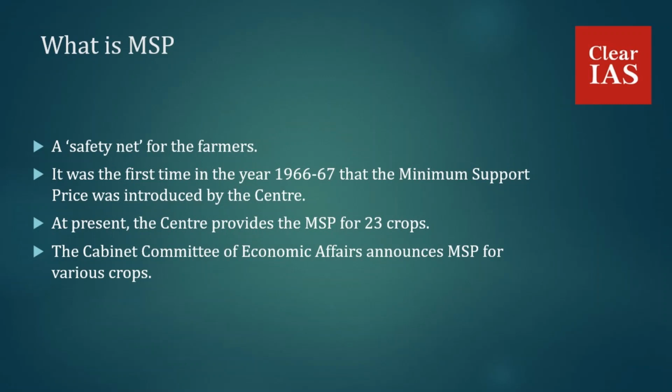This includes actual cost incurred, implicit family labor, as well as fixed assets or rent paid by farmers, and in technical terms these variables are called A2, FL and C2. The MSP is calculated by the government often by adding all these.